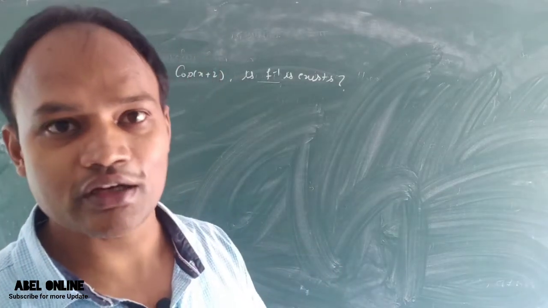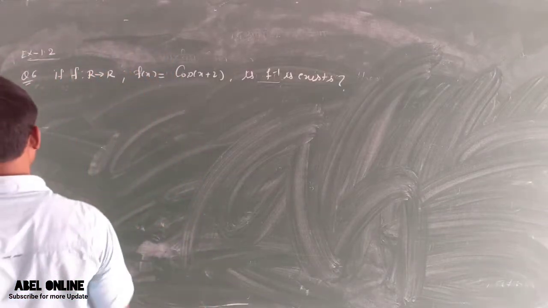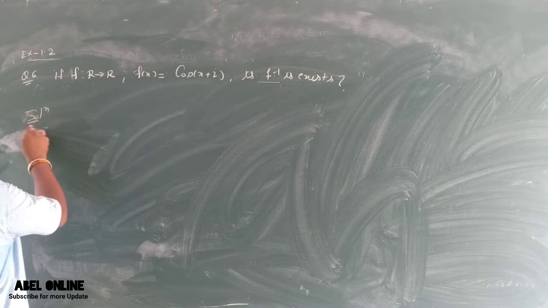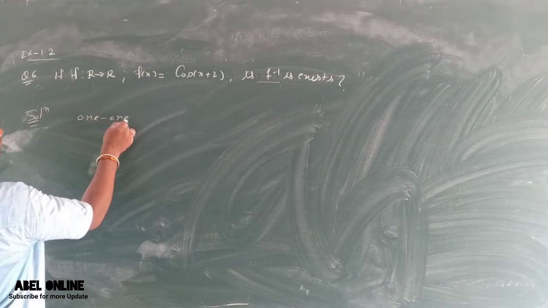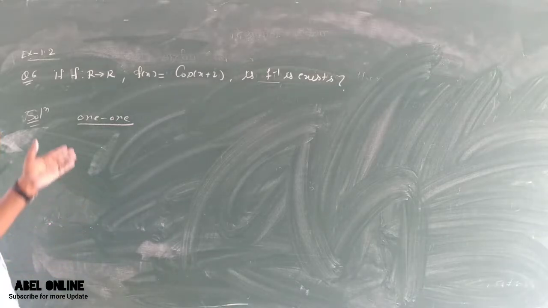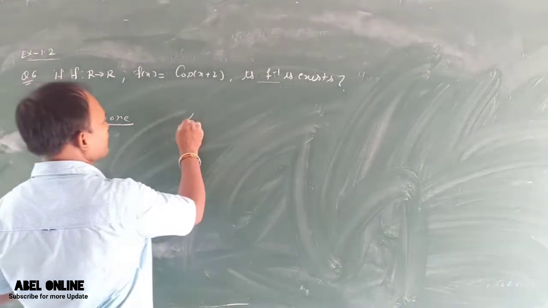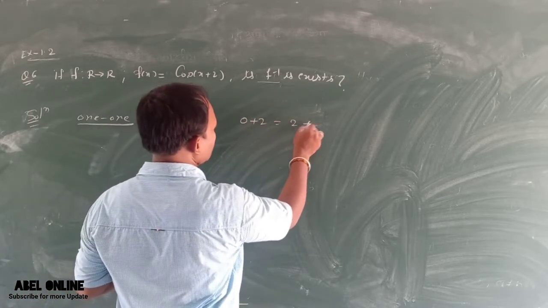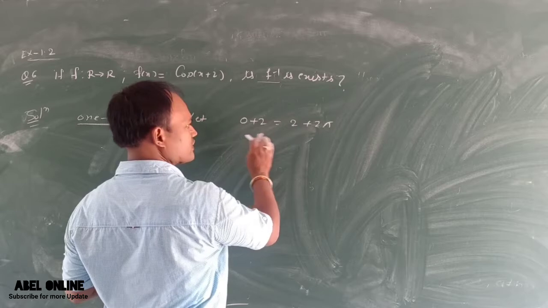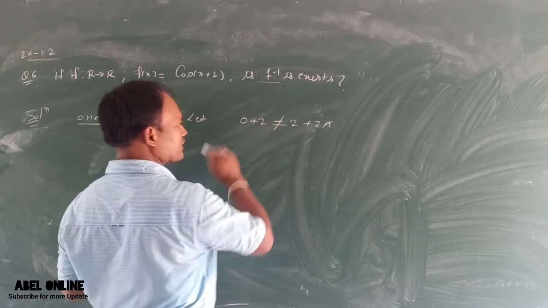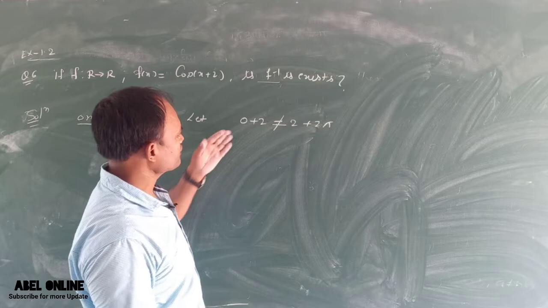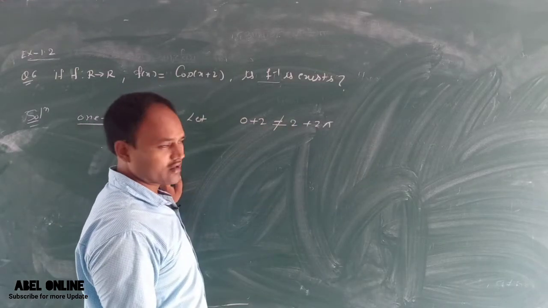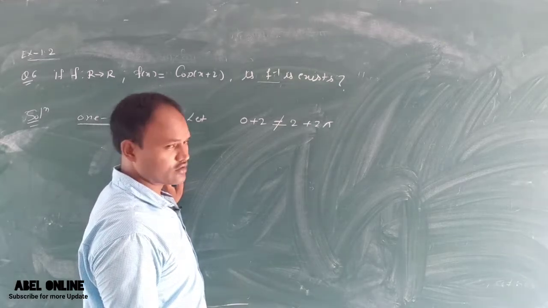So we first have to prove one-one. Let us take 0 plus 2 and 2 plus 2 pi. Is it equal? It is not equal, because 2 is cancelled by 2, so 0 is not equal to 2 pi. So 0 plus 2 is not equal to 2 plus 2 pi.